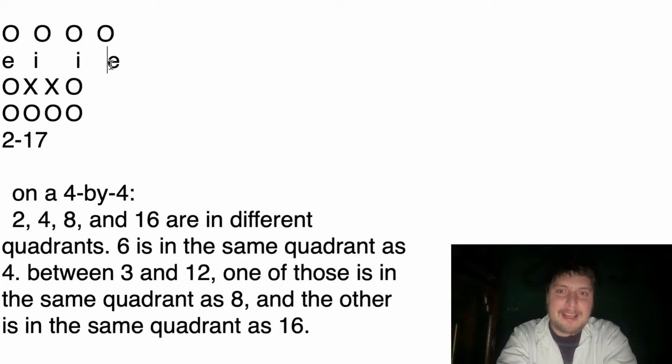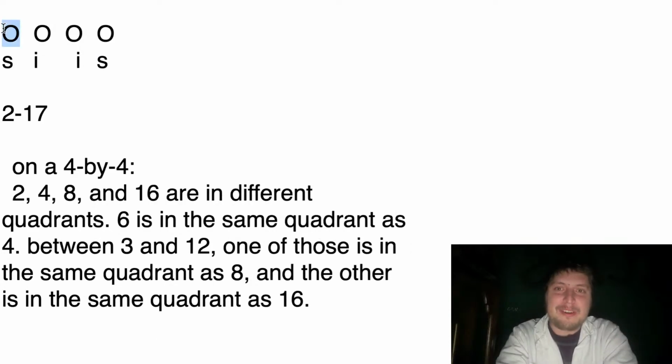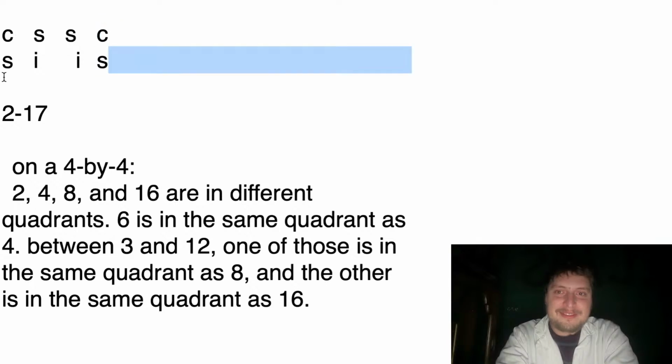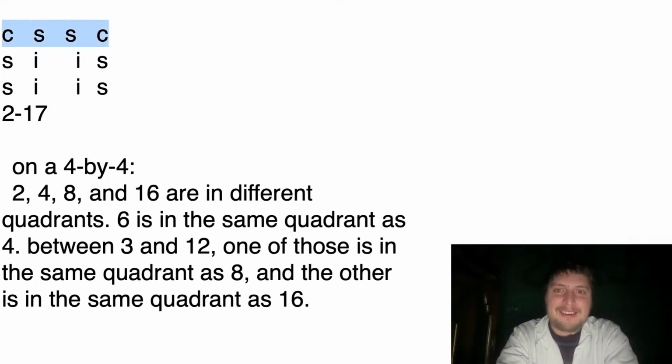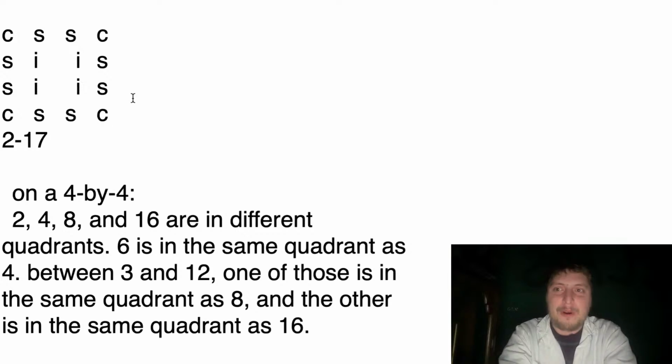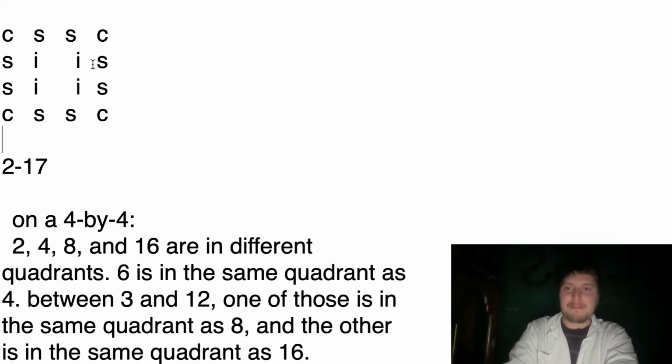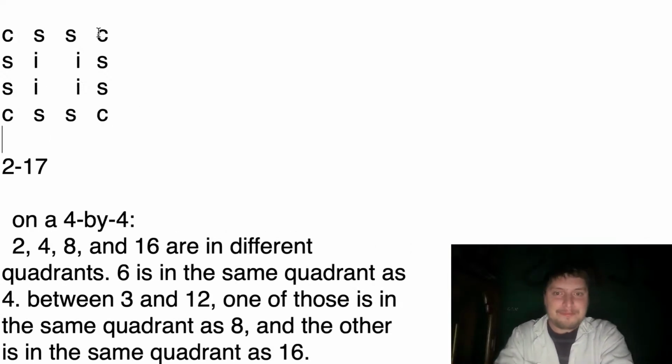And just in case people think it means even, let's put an S instead for side. And we'll call these ones corners, not to be confused with C for center. And so this is the pattern that we would find in a 4x4 of different types of symmetry, sort of, or which singular numbers would be equivalent to others under some symmetry.